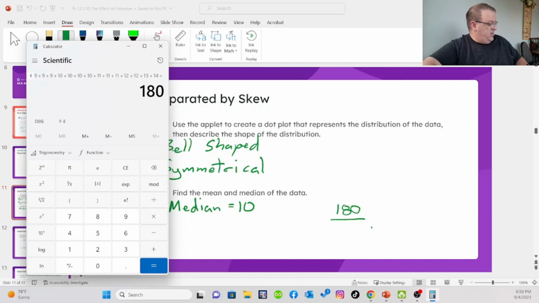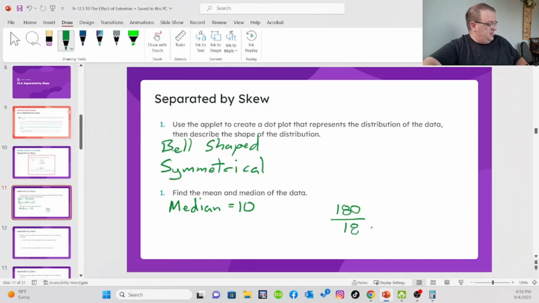So over here we have 180 divided by 18, and that is going to equal 10, which is our mean. So we had bell-shaped symmetrical data, and we ended up with a median and a mean that were both 10.